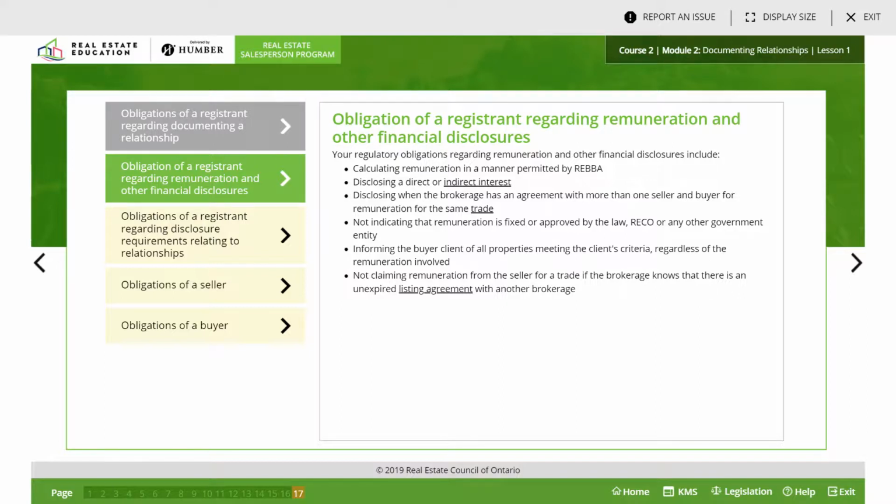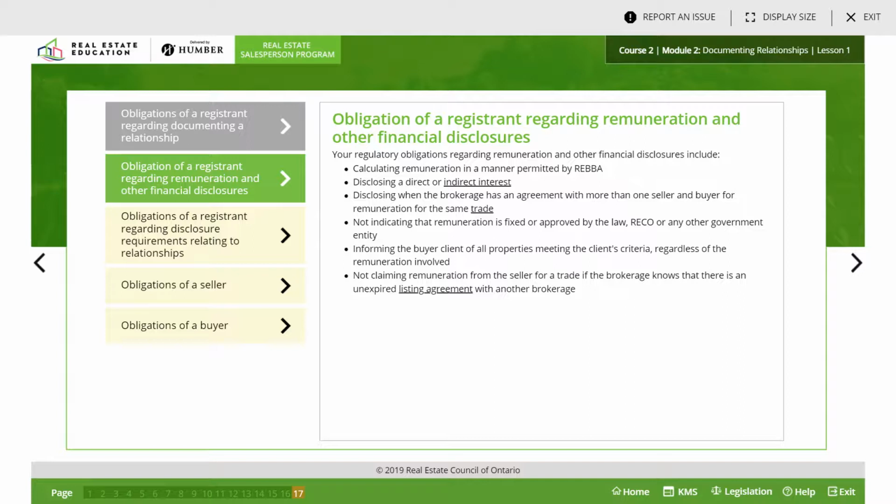Okay. In disclosing when the brokerage has an agreement with more than one seller and buyer for remuneration for the same trade, not indicating that remuneration is fixed or approved by the law, RICO, or any other government entity.